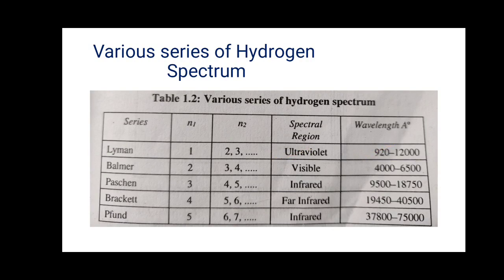Wavelength is 920 to 1200 Angstrom units. Balmer series.